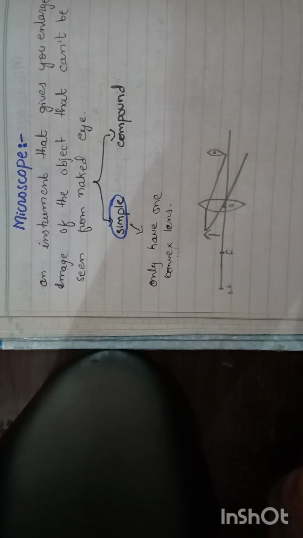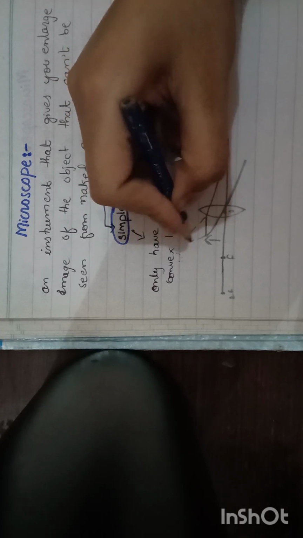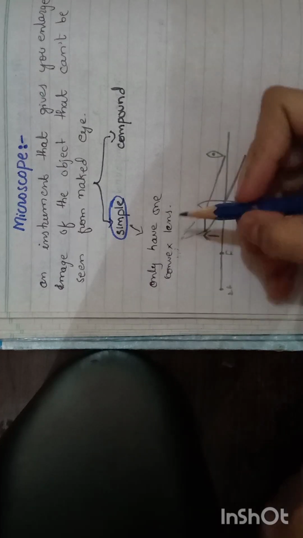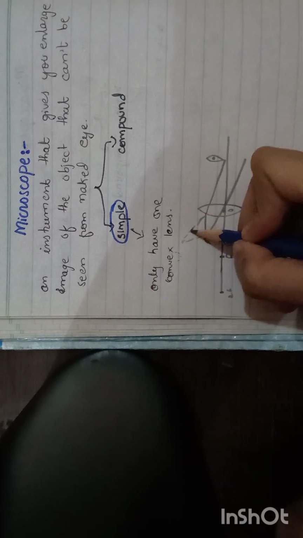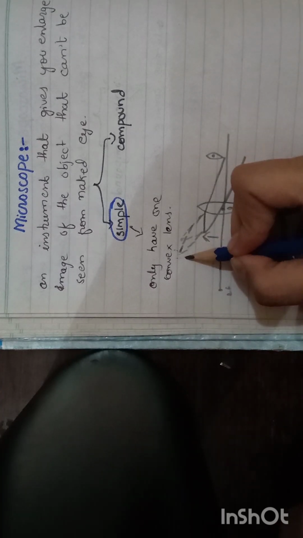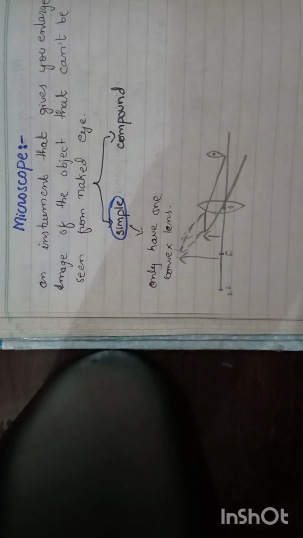So what we need to do is make a virtual image like here. They'll meet at some point like this, in this way they'll meet. Yes, the object will be here, now the image will be here. This is the enlarged image, right?